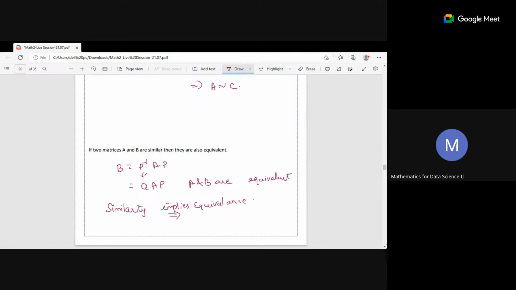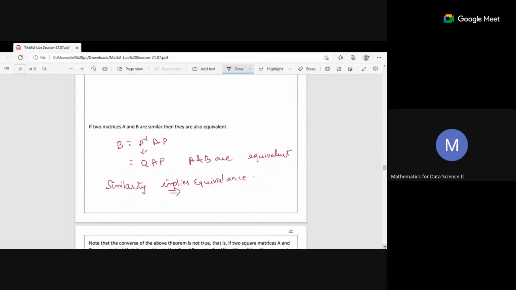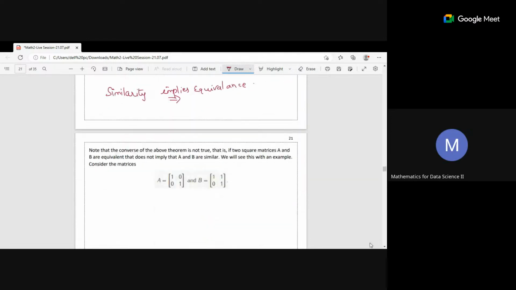What about the converse? Before I answer, what is your guess? Will the converse also be true? No. Okay, so the converse need not be true. For example, let us take these two matrices.